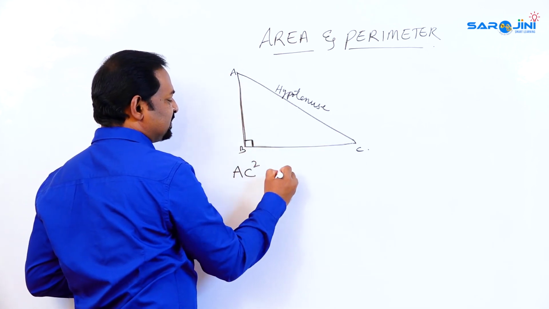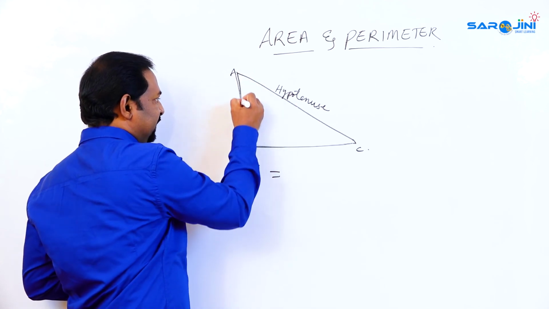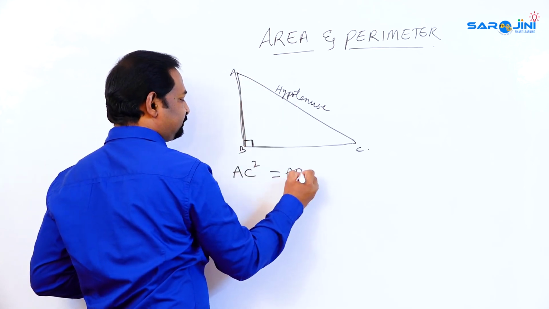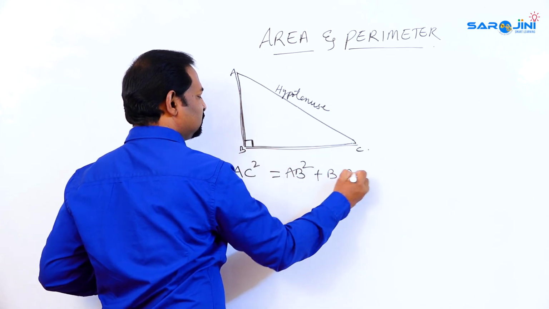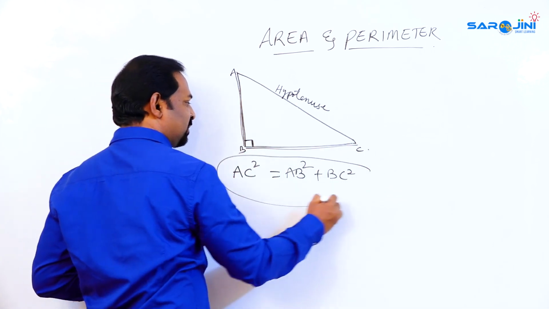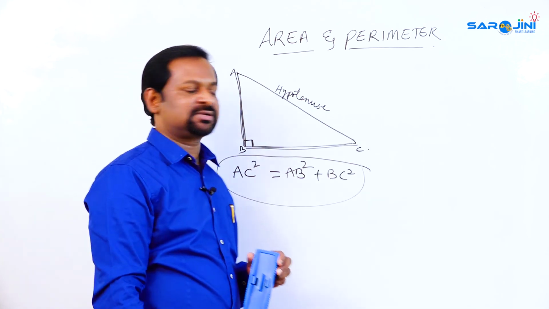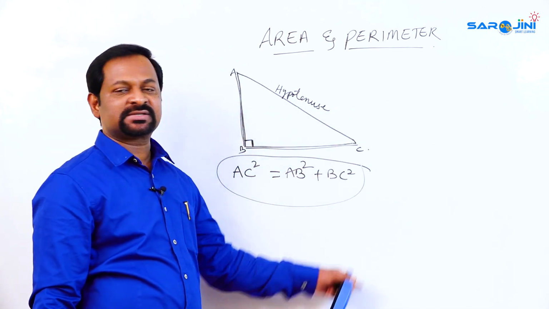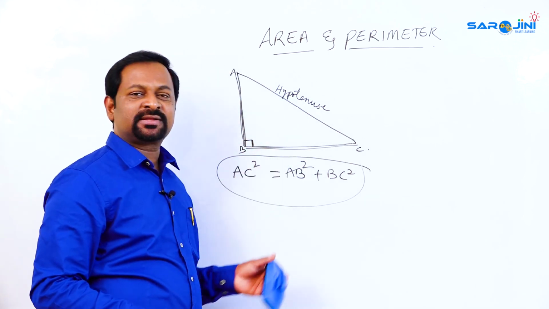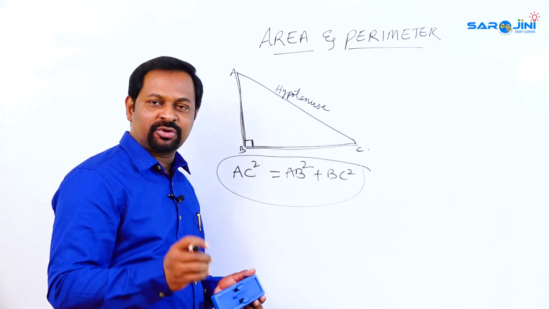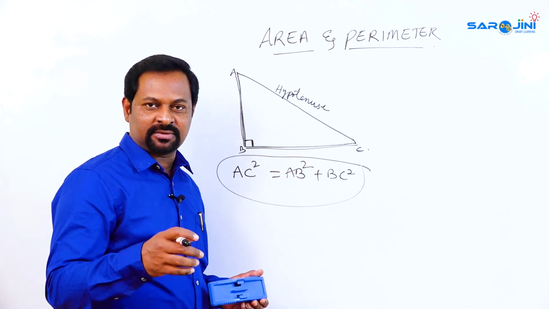AC square is equal to AB square plus BC square. You have to just remember this formula. So these are the basic things we deal with in this session.